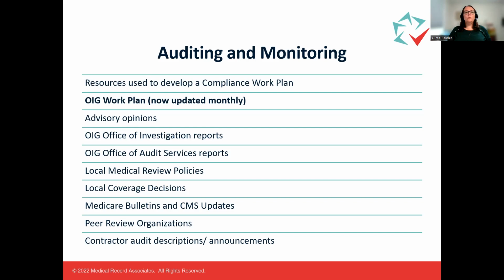If you have any local medical review policies or local coverage decisions, and we'll talk about our Medicare administrative contractors, in the Oregon area, we have Noridian. You may be in a different state and have a different MAC, but you want to see if any of the items on your work plan have a local coverage determination or a national policy as well, that you're looking at when you're setting up your audit or your tool you're going to use.